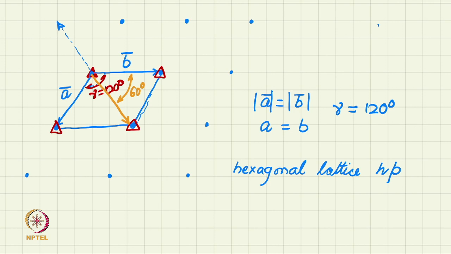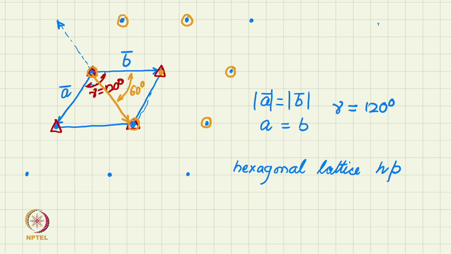If you focus on any lattice point, you can see that it has 6 neighbors surrounding it. So it's really not a threefold axis, it's a sixfold axis.